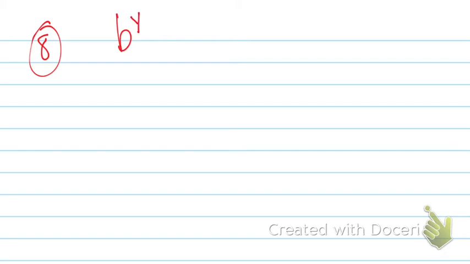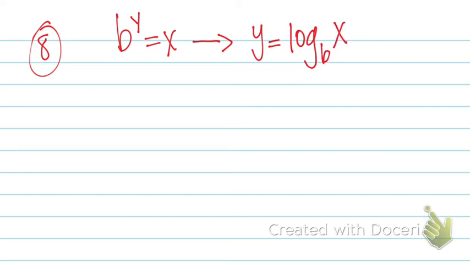B to the y equals x transforms to what comes first? Y equals log base b of x. All right, so I want you to try 8, A, B, and C all on your own.